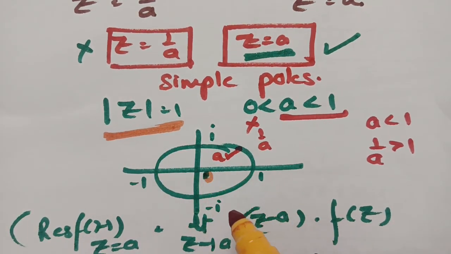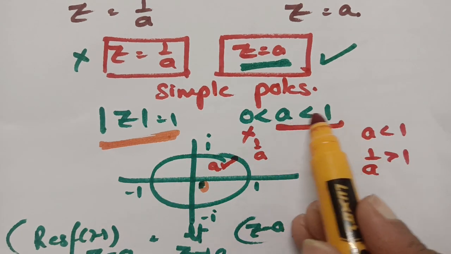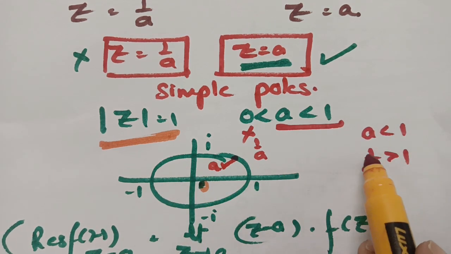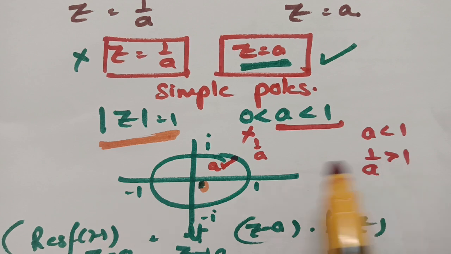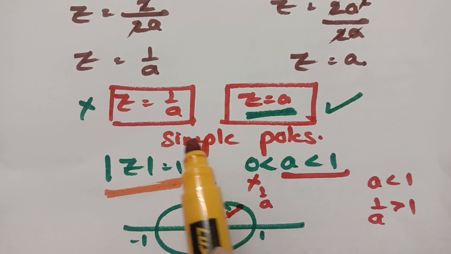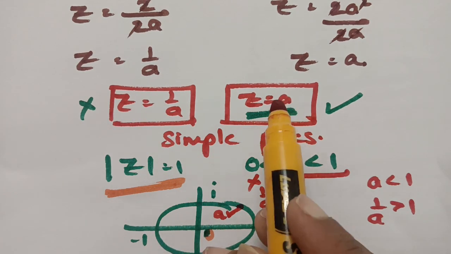So this is the region with circle 0 and radius 1. Here it is given that a is less than 1. So a is within the region. And here a is less than 1, therefore 1 by a is greater than 1, so it will be outside the given region. So therefore the residue for 1 by a is not needed and z is equal to a is only needed.